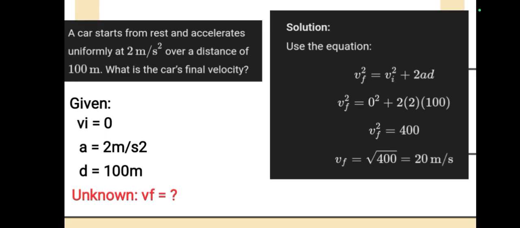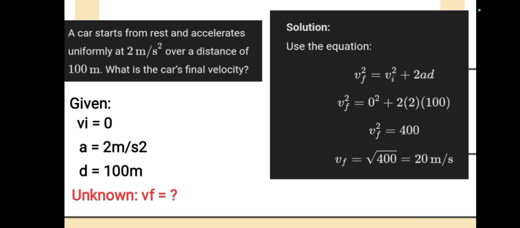Next, Vi squared, which is equal to 0, so 0 squared, plus 2, which is already proven as is, times the acceleration. Acceleration is equal to 2, that's why 2 is placed there instead of a. And the d is 100 meters, so that is identified as 100 meters in the formula.